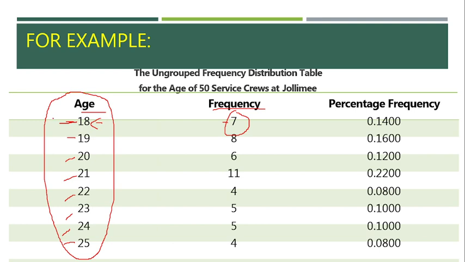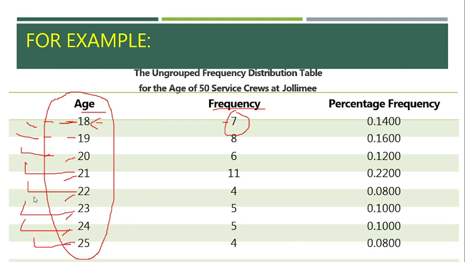As we wrote it down, we have 18, 19, 20, and so on. So how many values do we have in here? We have 8. So 1, 2, 3, 4, 5, 6, 7, and 8. So we have 8 values.